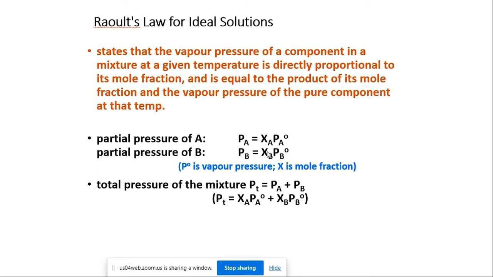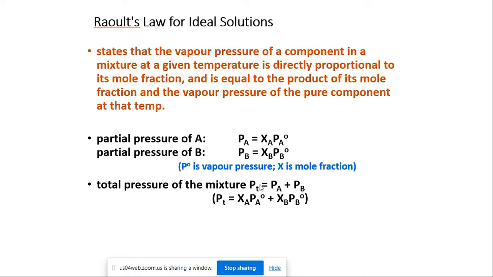If you have P naught A in that container, you have to multiply that by the mole fraction of A to find out the partial pressure of A. Likewise, if you want to find the partial pressure of B, you have to multiply the mole fraction of B by the vapor pressure P naught B, right? That is Raoult's law.